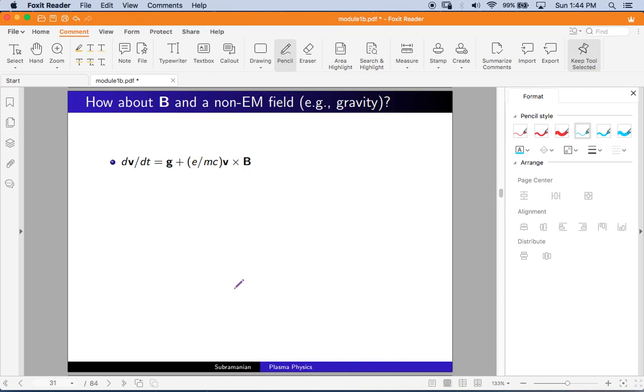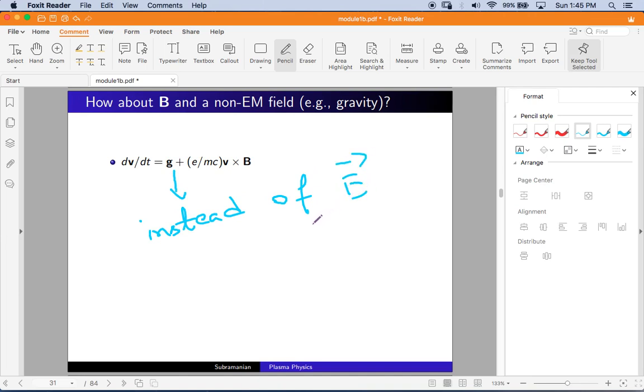Now, how about, for instance, you would have the usual Lorentz force like this. How about if you have gravity instead of an electric field?